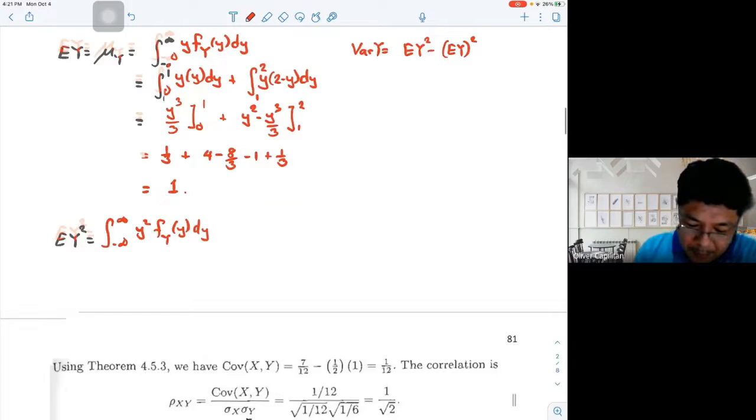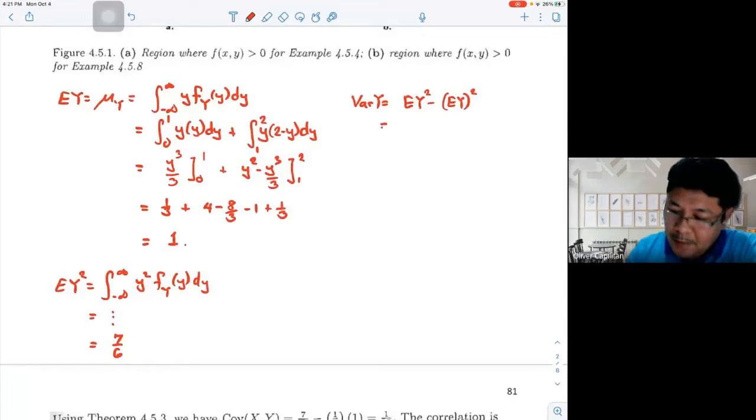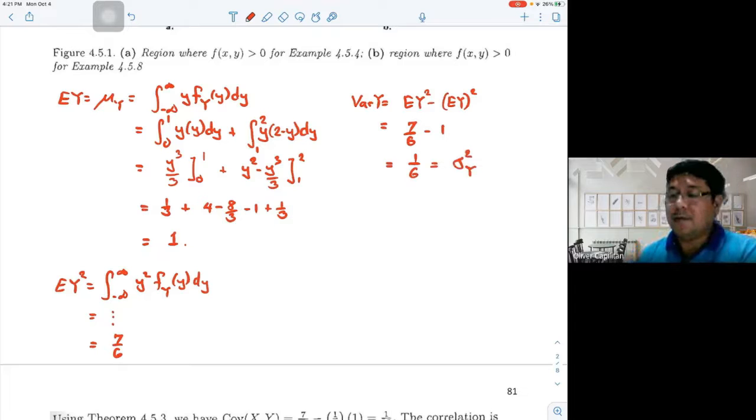Follow the same steps and you get 7 over 6. Therefore, the variance of y would be equal to 7 over 6 minus 1, which is 1 over 6.